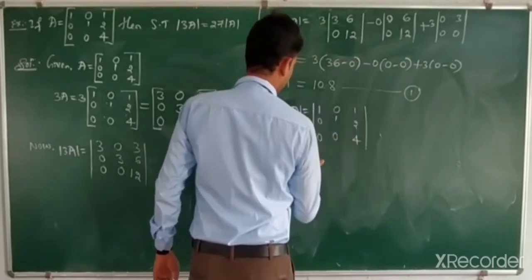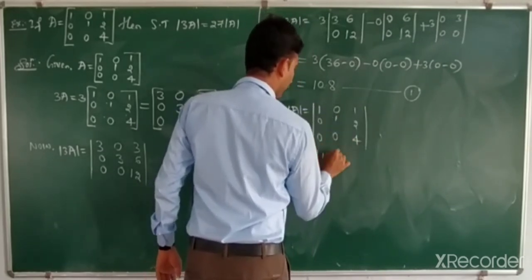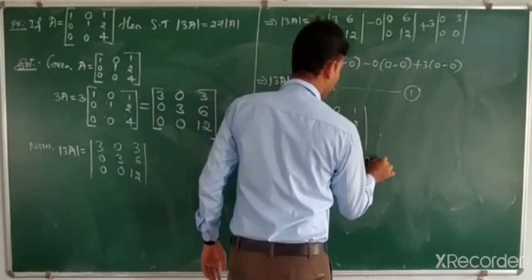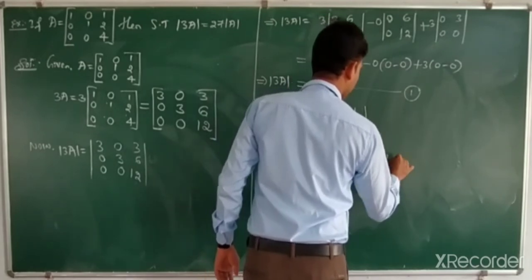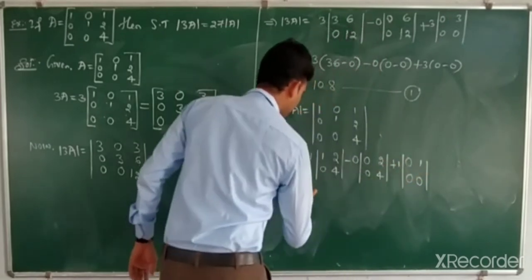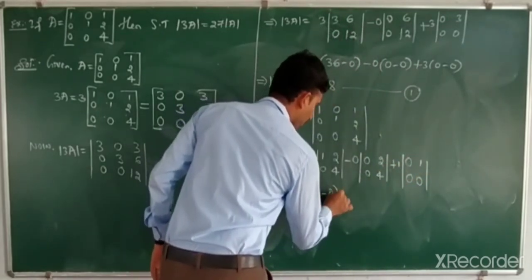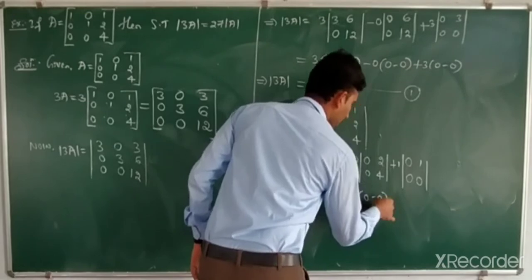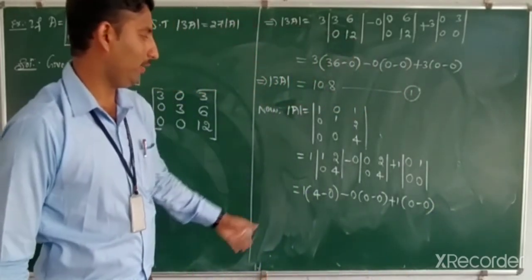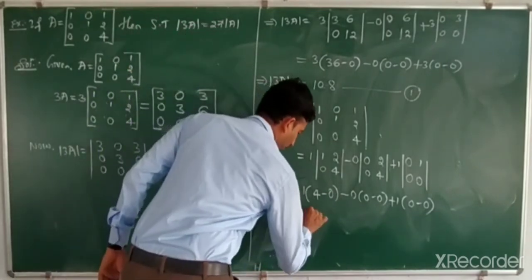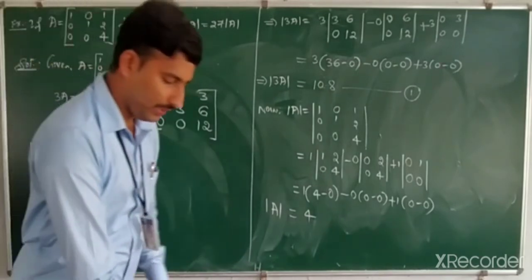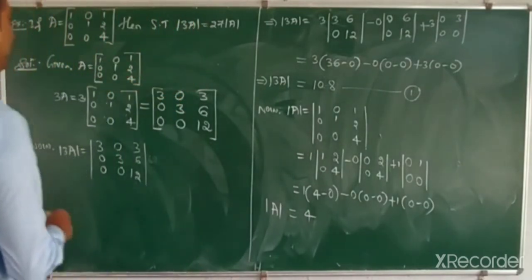This is 1 into (1 into 4 minus 0 into 2) minus 0 plus 0, which is nothing but 4. Determinant of A is 4.